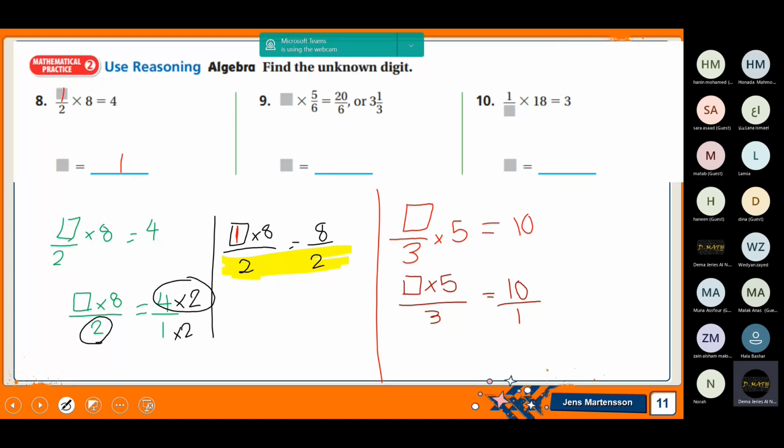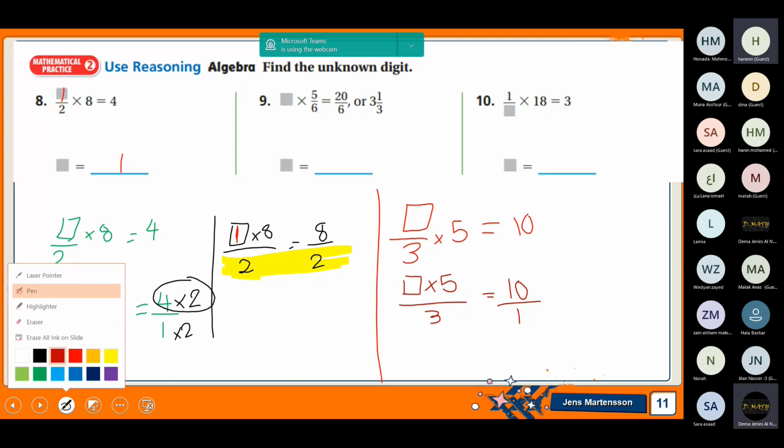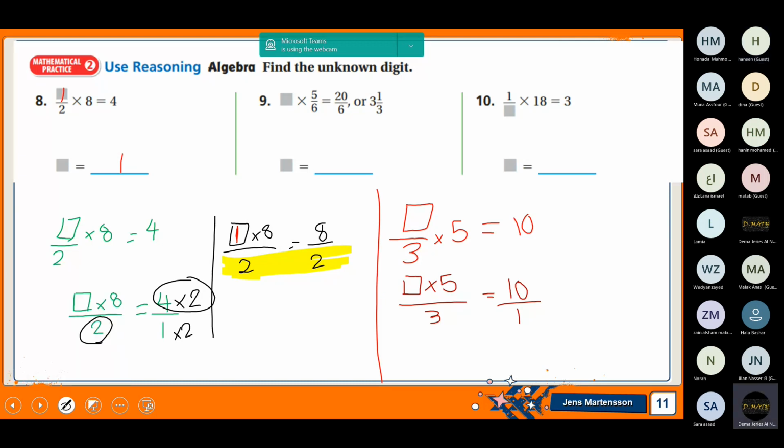No. So what do you have to multiply here? The 1, multiply it by what? I want to make 1 to be 3. So I multiply 1 by 3. Bravo. So square times 5 gives 10 times 3 is what?